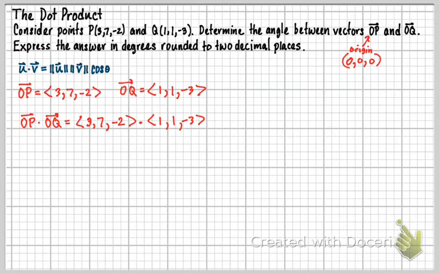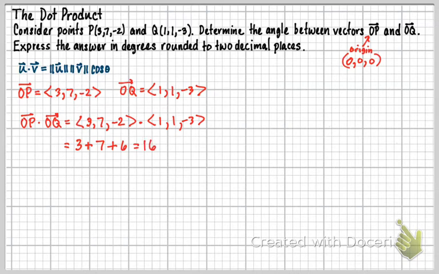And then I just multiply. That's 3 times 1, which is 3. And remember, it's the sum of these. I almost tricked myself there. 7 times 1, which is 7, plus -2 times -3, which is positive 6. So here I get 16.